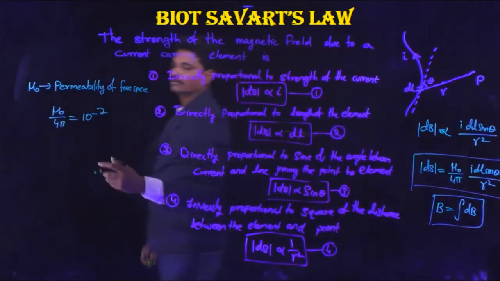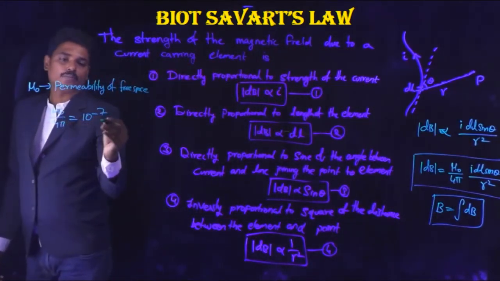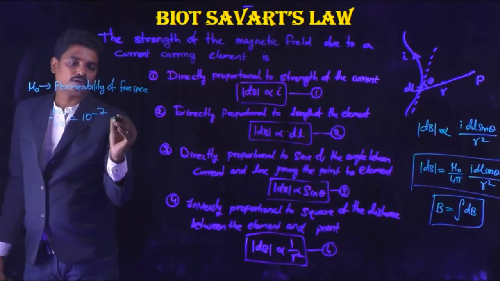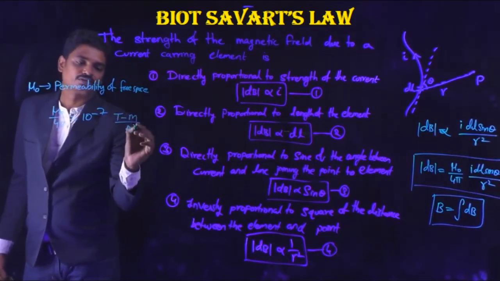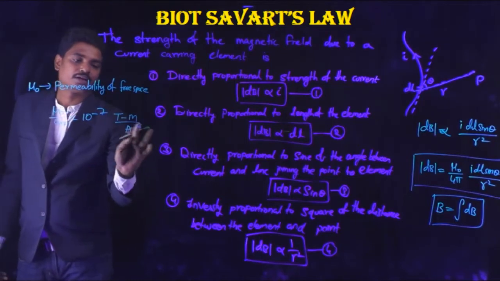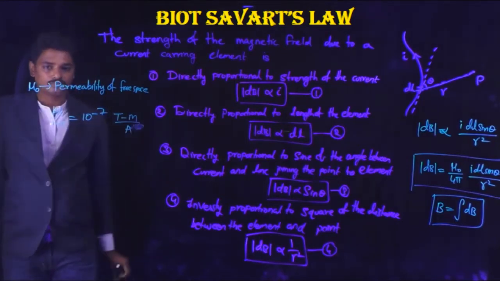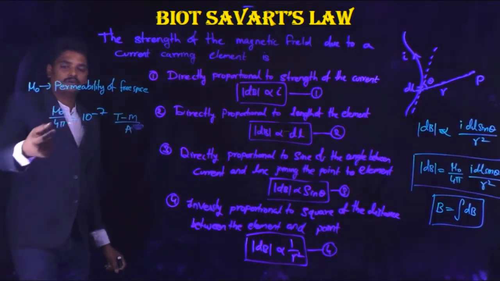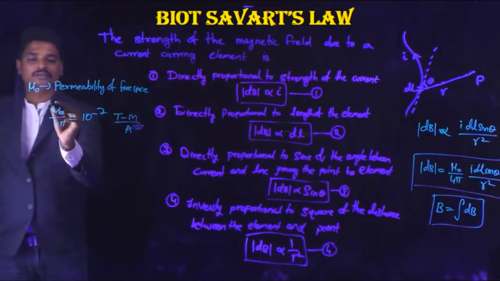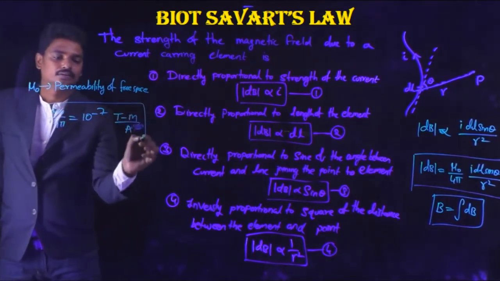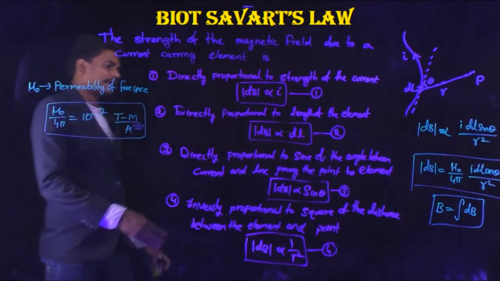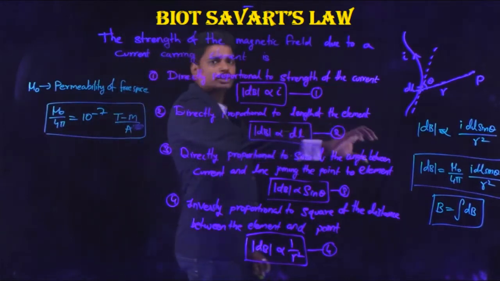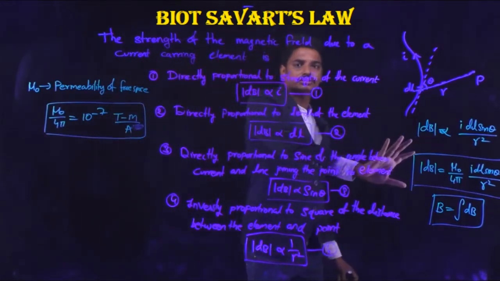By calculating, mu naught by 4 pi is 10 power minus 7, with units Tesla meter per ampere. Here we calculated only the magnitude of the magnetic field induction.